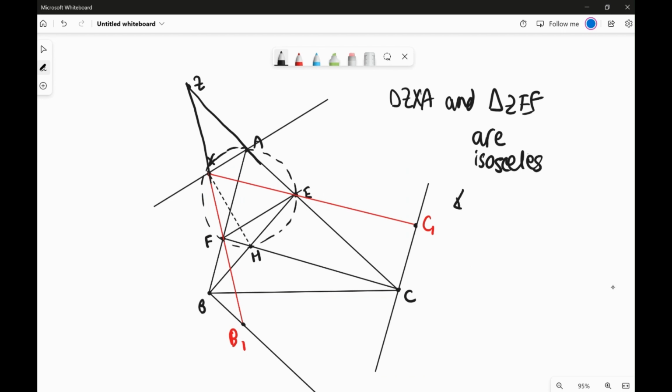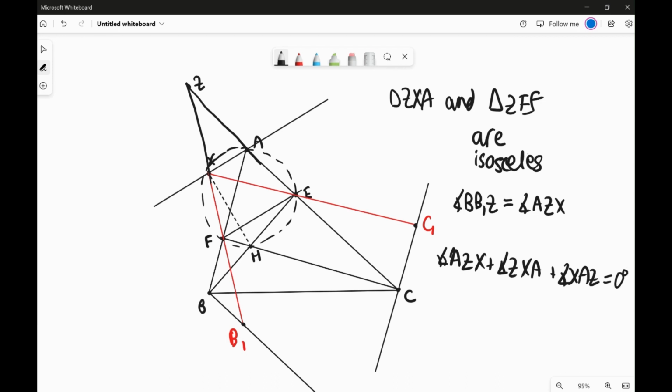So we can then say that directed angle BB1Z is equal to directed angle AZX, and we can now relate it to the other ones. By the sum of the angles in a triangle, we get directed angle AZX plus directed angle ZXA plus directed angle XAZ is equal to 0 degrees. But we note that directed angle ZXA is equal to directed angle XAZ because of the isosceles trapezoid and the isosceles triangles.